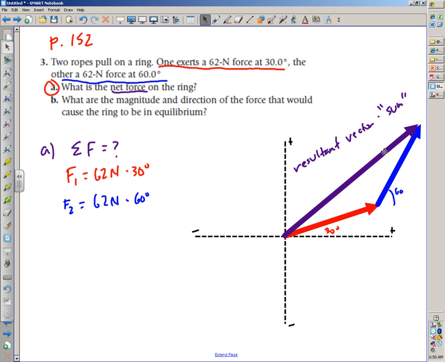So we need to find the value of this purple vector, and that will give us the resultant of these 2 vectors, or the sum of the 2 forces, which is what this question is asking us for. Now once again, you can't just add the 2 numbers together. You can't just go 62 plus 62, 124, and be done with it.